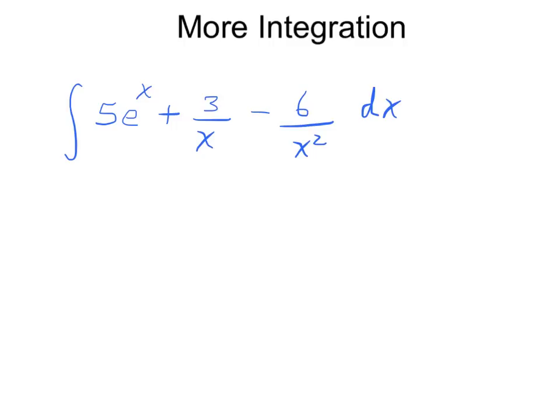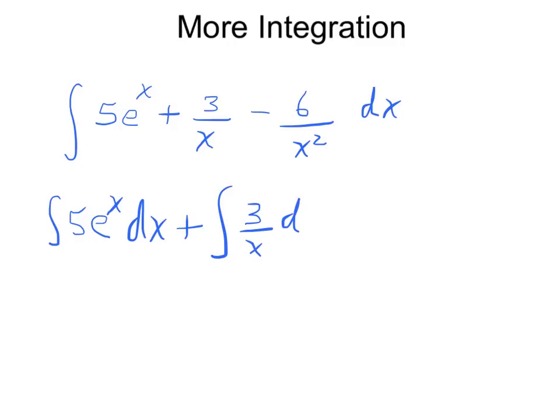Okay, I'm actually going to rewrite this as 3 separate integrals just to make it a little bit easier. So I've got one integral, 5e to the x dx, plus another integral, 3 over x dx, minus another integral, 6 over x squared dx. And the reason I've rewritten it as 3 separate integrals is because now I can use our little rule that we saw in the first video.